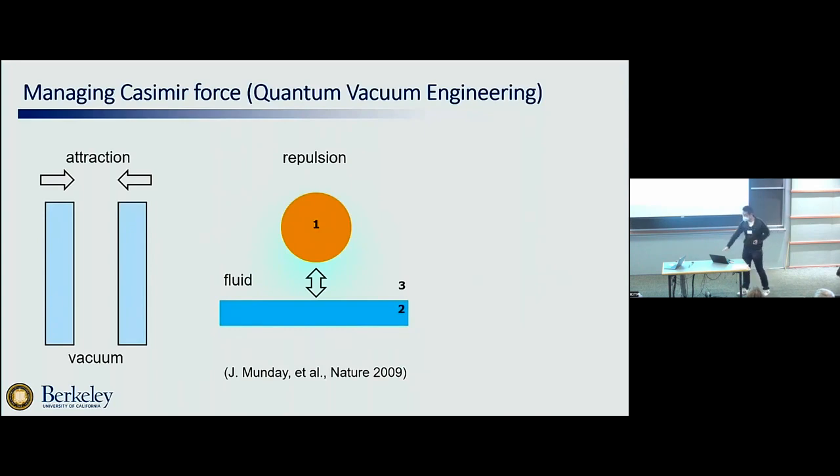A very intuitive picture is that in general, the dipole-dipole interactions are always attractive. So how can you make a repulsive force?